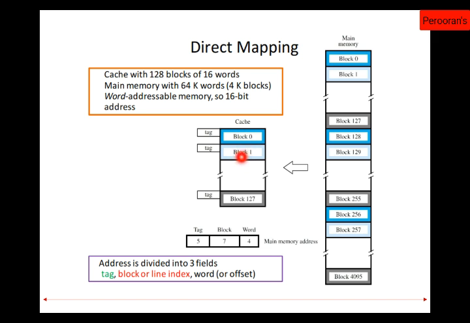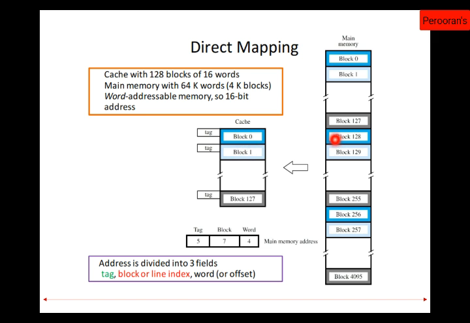All other cache memory blocks are free now. But unfortunately the program that is currently executing requests information from main memory block 128. So what will happen in this case?